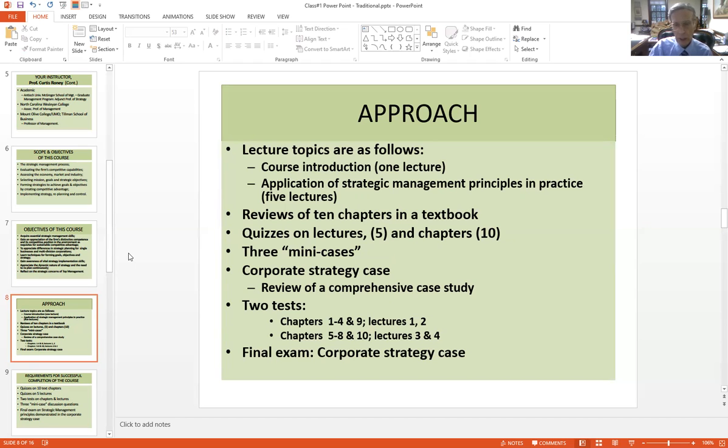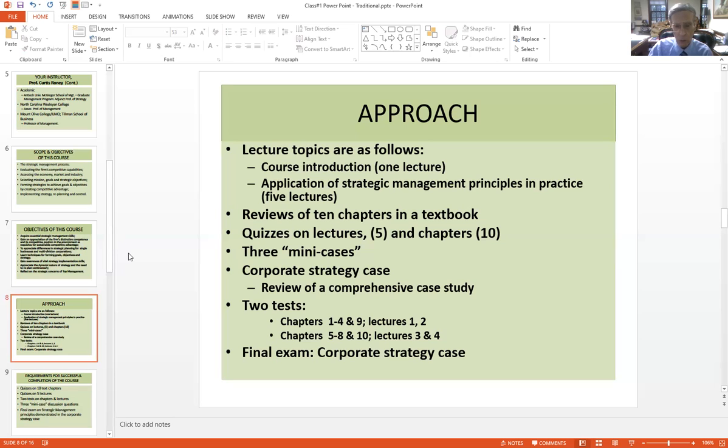I've also provided in the Moodle shell copies of the PowerPoint slides that I use in each lecture so that you can print them off, either follow along in the lecture with me or use the PowerPoint slides to review for quizzes and tests. And I certainly recommend that you do so.